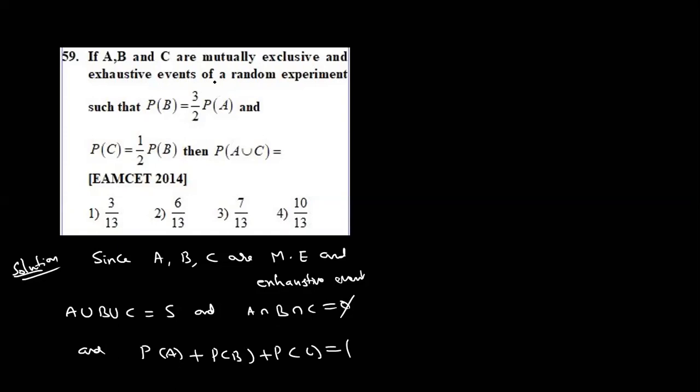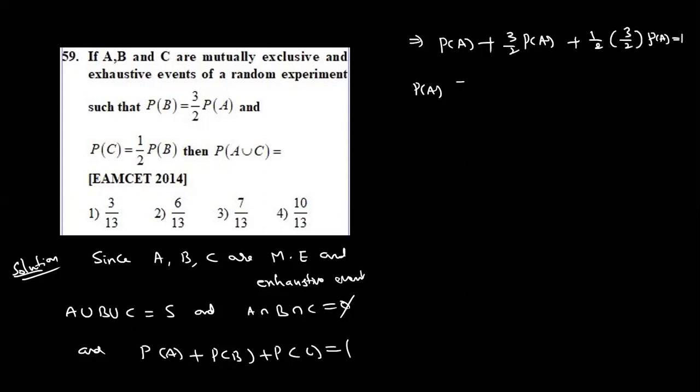They are asking P of A union C. Take one value as X. How to find? P of A plus P of B is how much? 3 by 2 P of A. Plus P of C is how much? 1 by 2 into 3 by 2 into P of A is equal to 1.